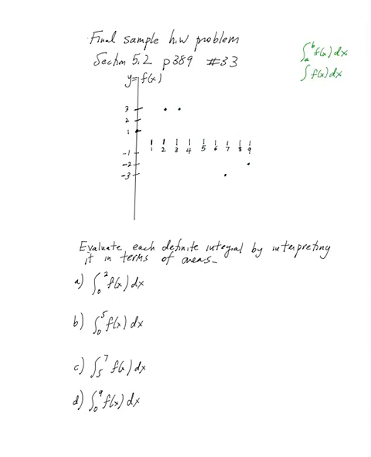Evaluate each of the four definite integrals below by interpreting them in terms of areas. So I've got the definite integral from 0 to 2 of f of x. The function from 0 to 2 is totally, notice, above the x-axis.